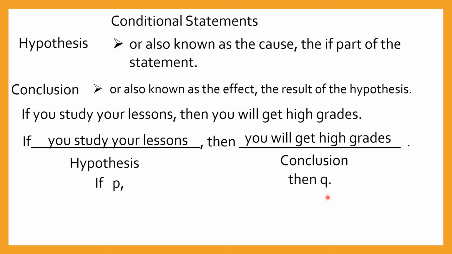That's the conclusion here. Or you can also write it with an arrow, which is read as P implies Q. You've seen this arrowhead, P pointing to Q, meaning P implies Q. So we can also call this statement if P, then Q.